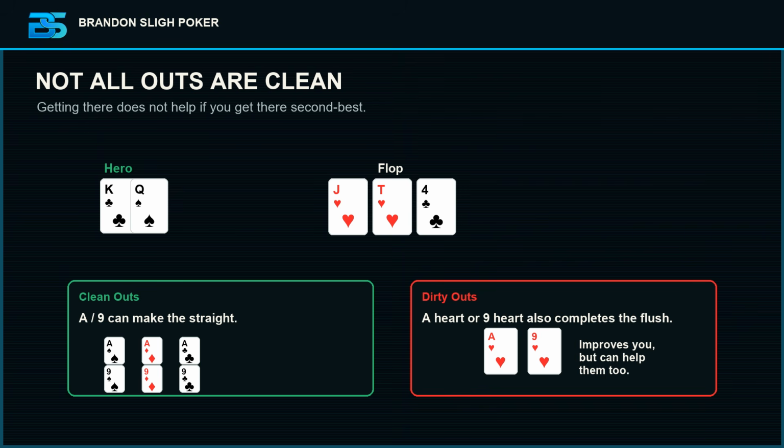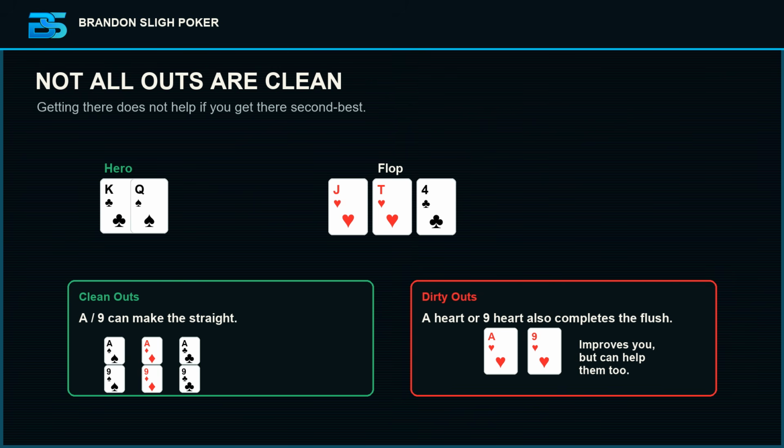Here is the part most players forget about. Not all outs are clean. A clean out is a card that improves your hand and likely gives you the winner. A dirty out is a card that improves your hand but can still leave you with the losing hand. Let's say you have king queen on jack 10-4 with 2 hearts. An ace or a 9 can make you a straight, but if the ace or 9 of hearts comes, the flush also completes.